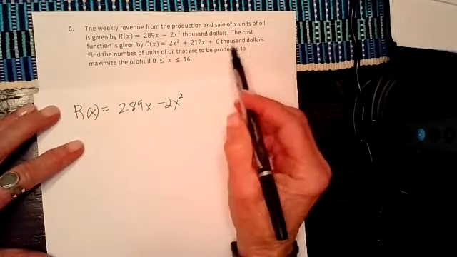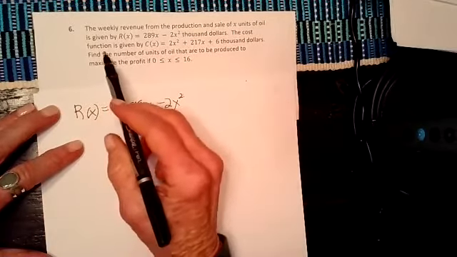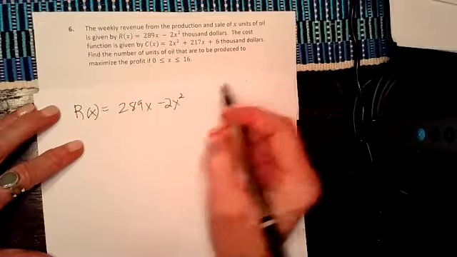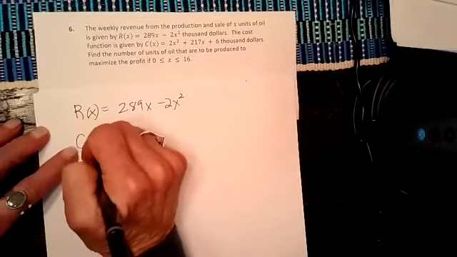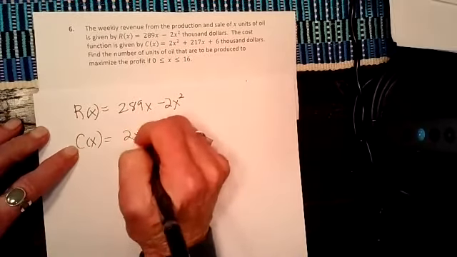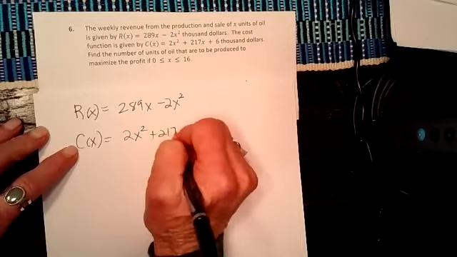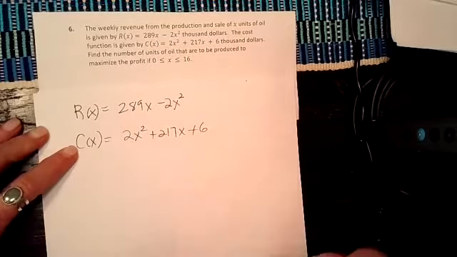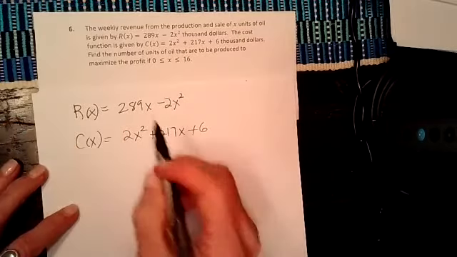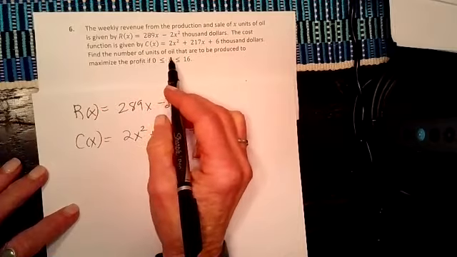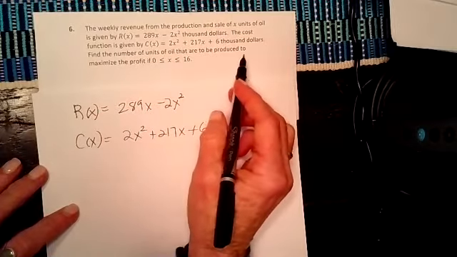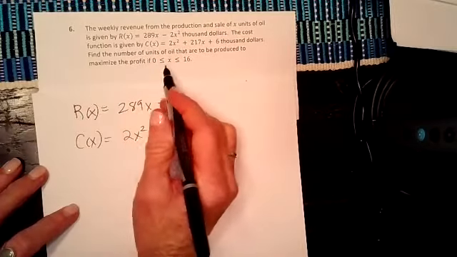And it says the cost function is given by this: 2x squared plus 217x plus 6 in thousands of dollars. And find the number of units of oil that are to be produced to maximize the profit.